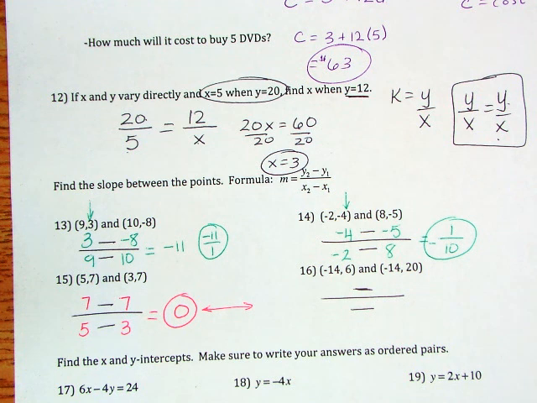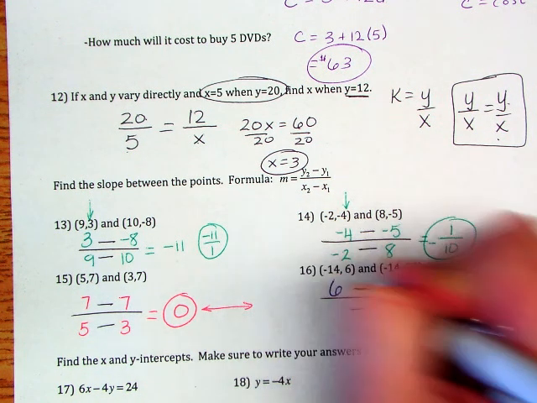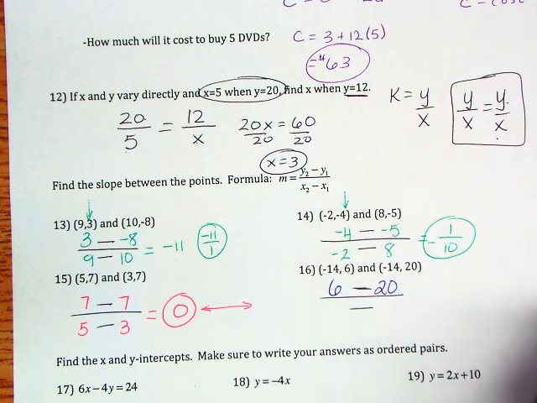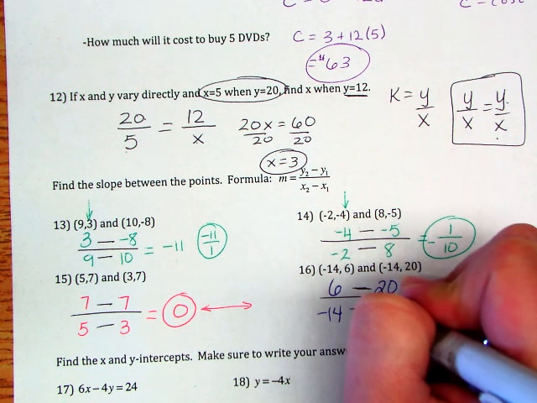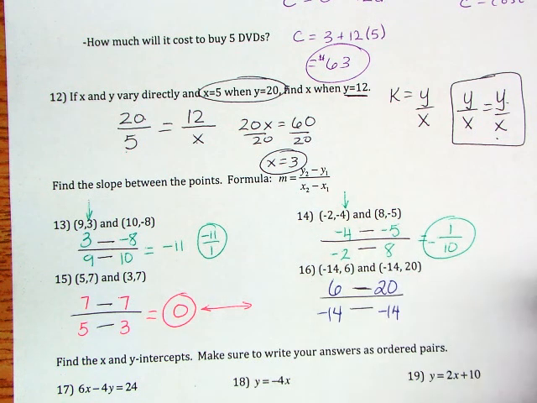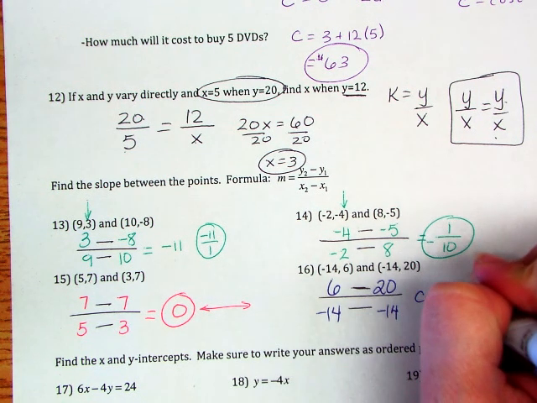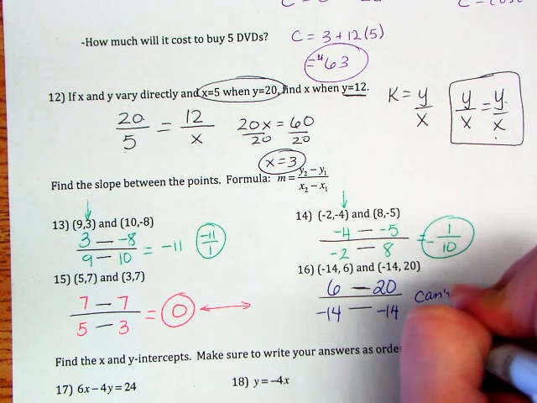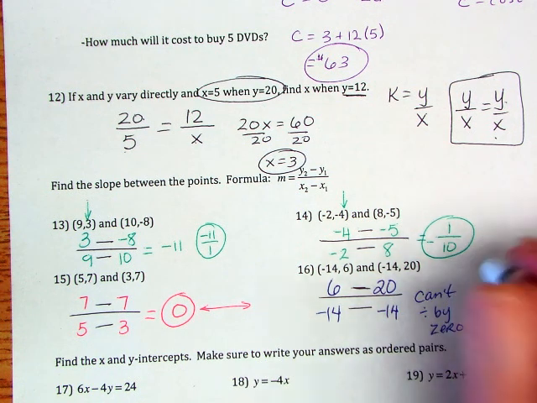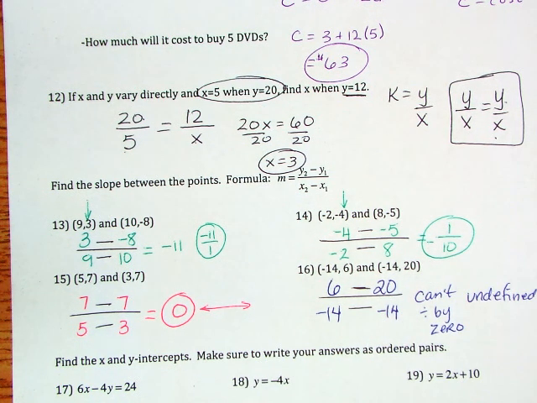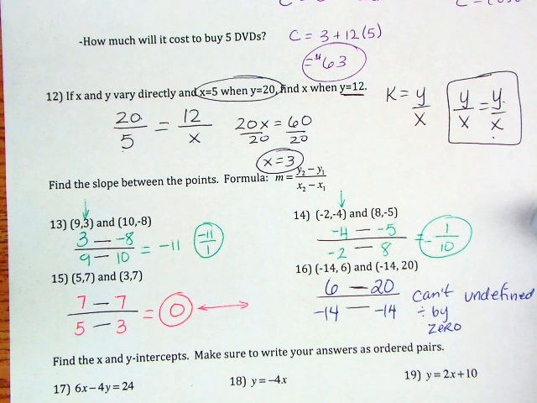However, in the next problem, 6 minus 20 over -14 minus 14, it's going to tell you in the calculator you can't divide by 0. Which means my solution is undefined. We'll explore later the fact that undefined means that it is a vertical line.